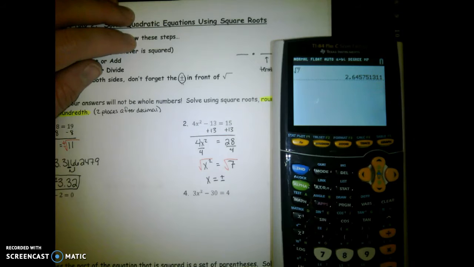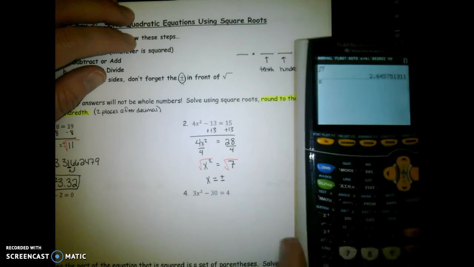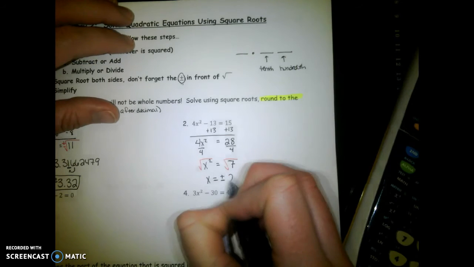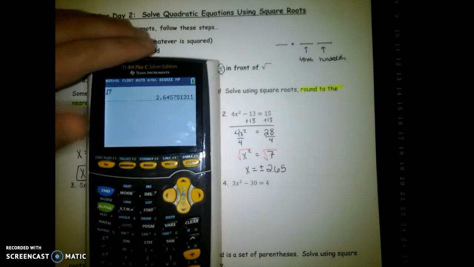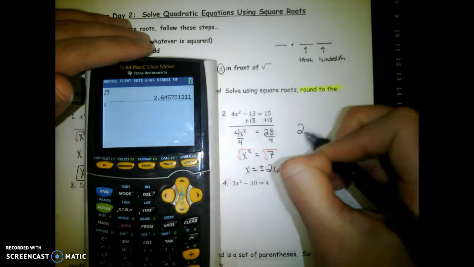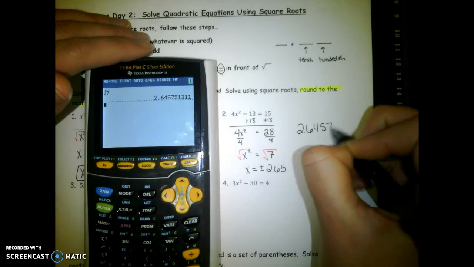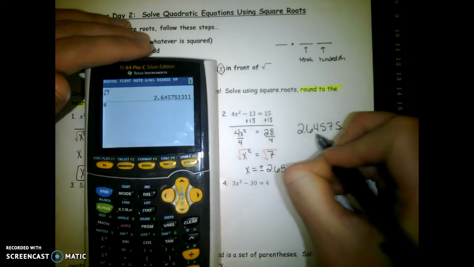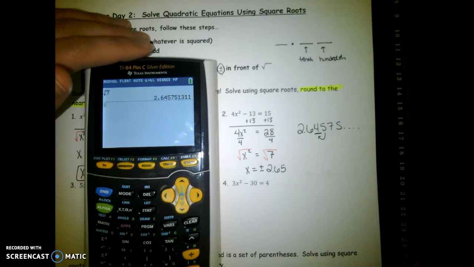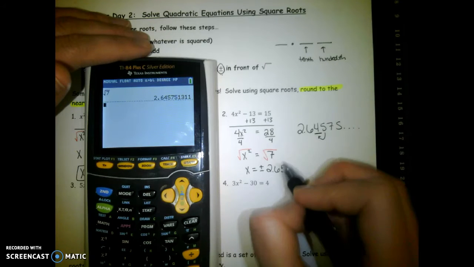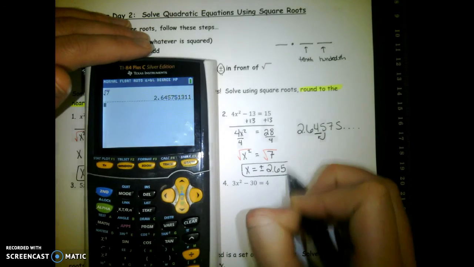That 5 is going to shove the 4 up. So this is going to round to 2.65. So everybody look at that decimal and see how we've got 2.64575. We want to round the 4. The number after tells us whether to give that a shove or leave it alone.